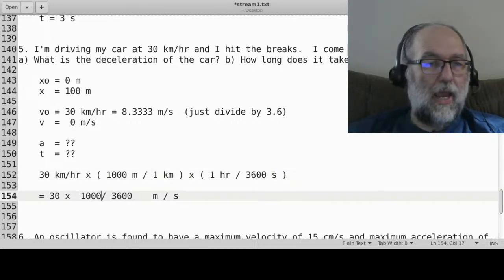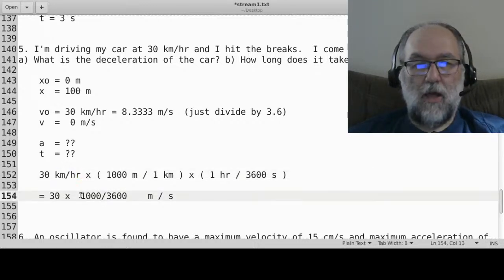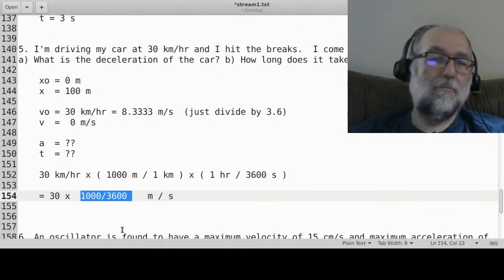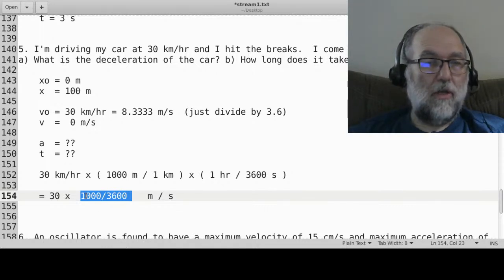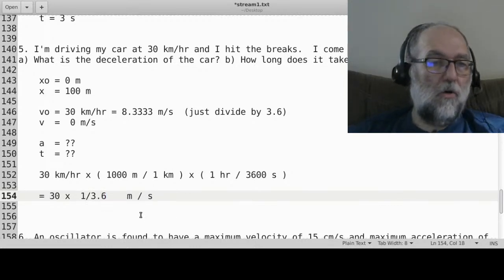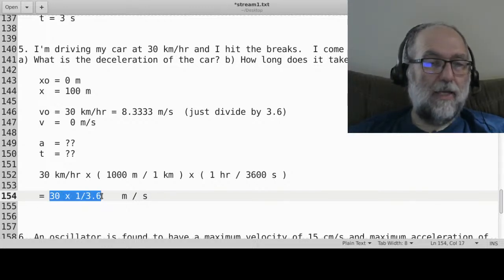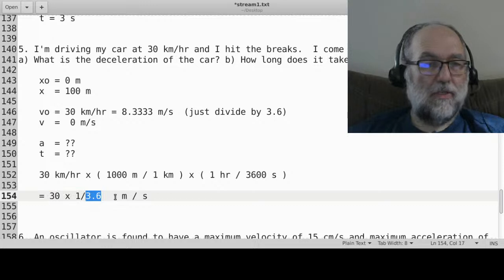It'll always come out to be this fraction. When converting from kilometers per hour to meters per second, you'll always get this fraction 1,000 divided by 3,600. We could just do that division once and for all, and so it's just like dividing by 3.6. So whenever you see kilometers per hour, if you just want to save yourself time, take the kilometers per hour, divide by 3.6, and you'll get your answer in meters per second. That's all you have to do there.